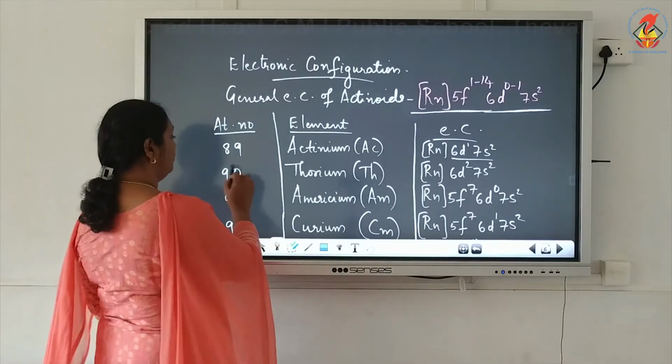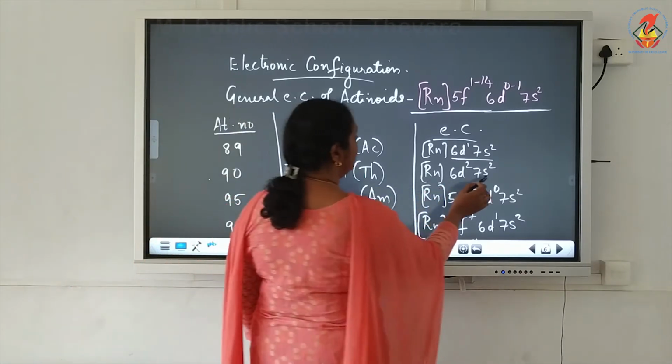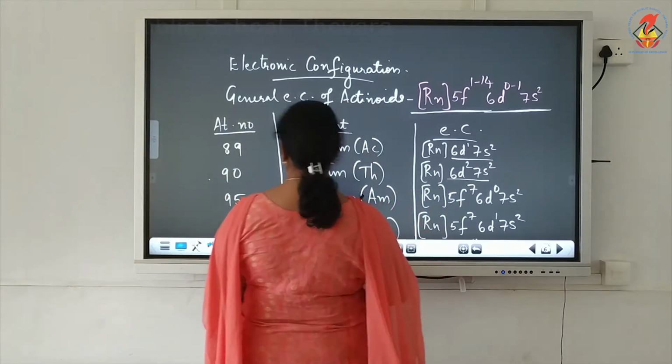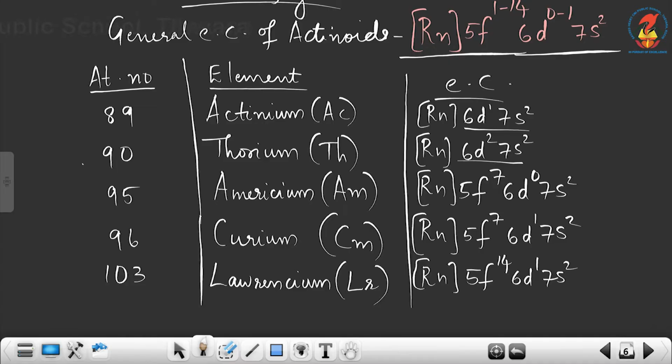Thorium is the first element of actinoids with configuration radon 6d2 7s2. Next comes americium, with configuration radon 5f7 6d0 7s2. 96 is curium, radon 5f7 6d1 7s2. 103 lawrencium, with configuration radon 5f14 6d1 7s2.